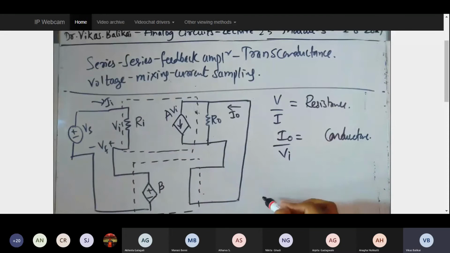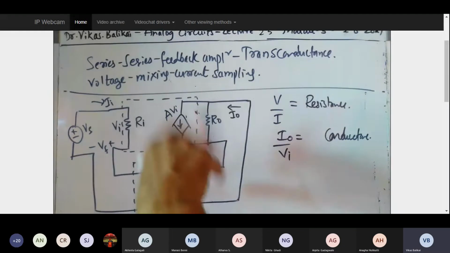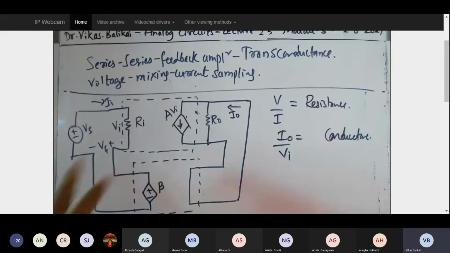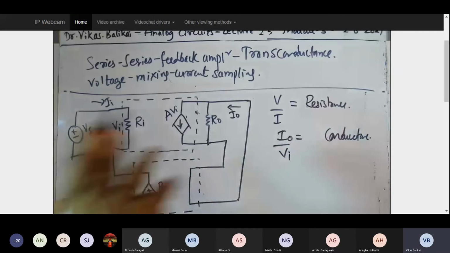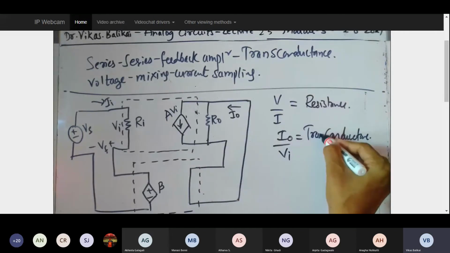And because it is I by V, and the entire thing is not acting as a pure conductance, it's a partial conductance. So can I call it transconductance?